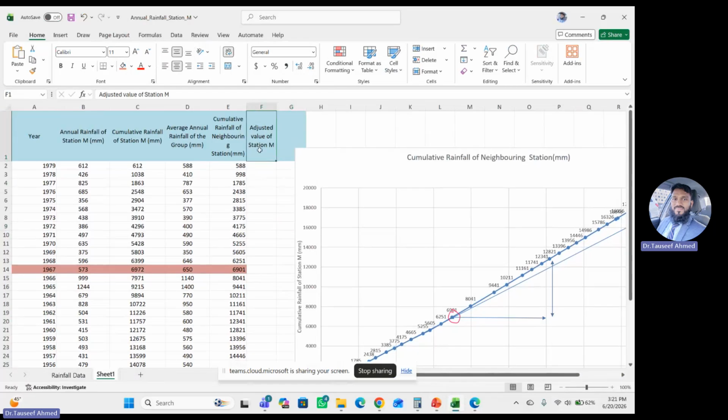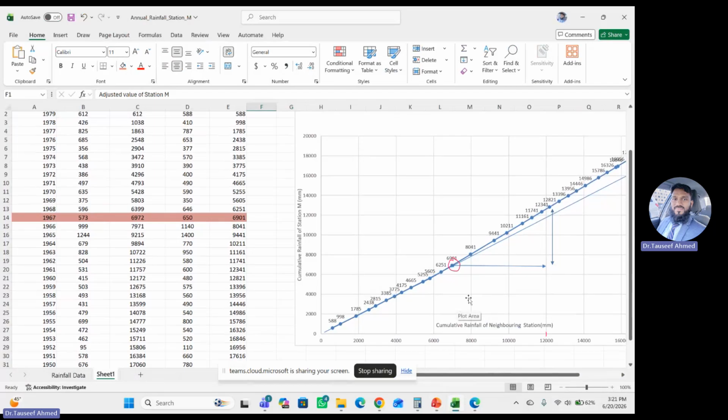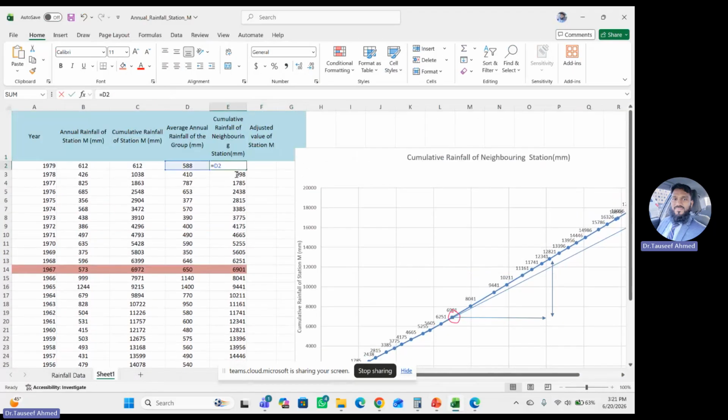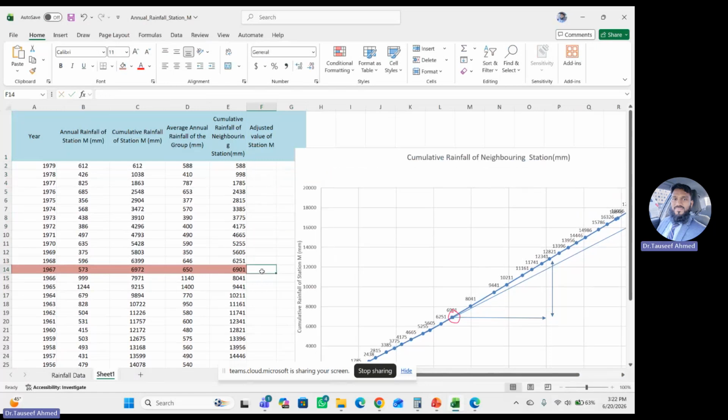If you look at this data, we will add one column, adjusted value of station M. The value of station M is from here 1979, and from 1988 to here, this is correct. So this one we will keep as a dash. Okay, we will not fill anything here. But from 1967, the value is different. So what we will do? We will apply this formula.